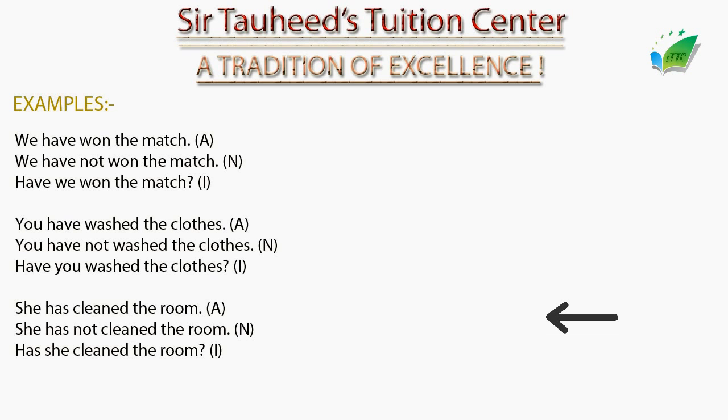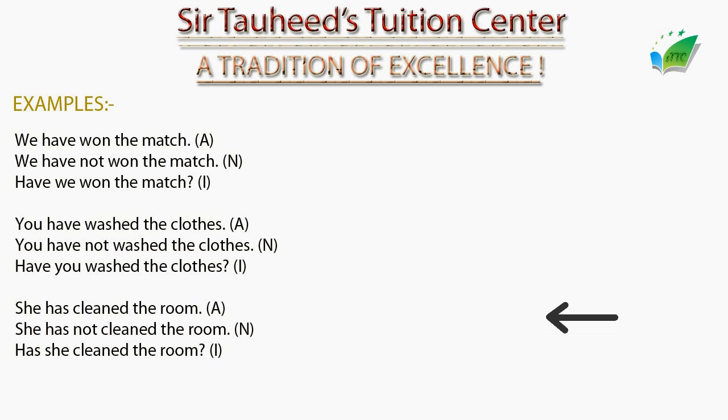Since she is a third person singular subject, we have used has here. After has there is third form of verb, cleaned. Clean means to clean something, to remove the dirt. She has cleaned. And then the object is room. She has cleaned the room. And this is an affirmative sentence.